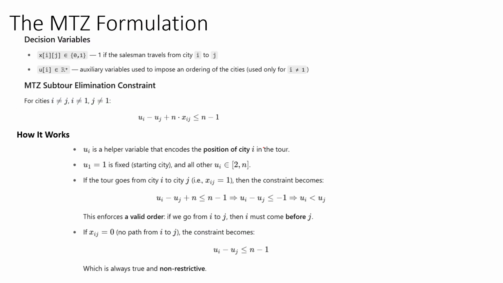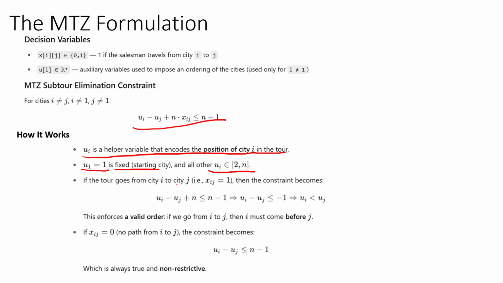So let me explain this particular constraint in more detail. u_i basically helps us encode the position of the city in the tour. For example, at the start we are fixing u_1 equal to 1, which means we are starting from city 1, and then we are going to visit all the other cities, from 2 to n.